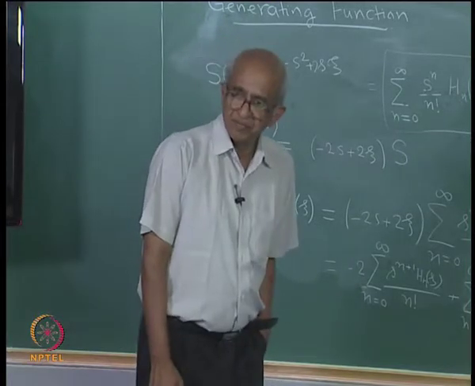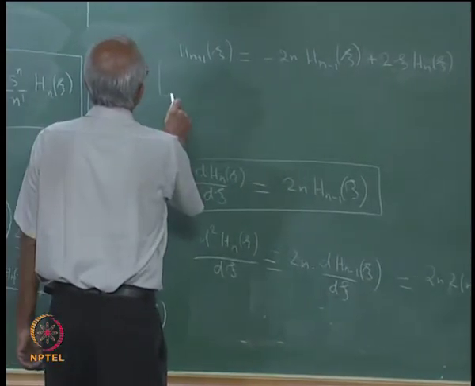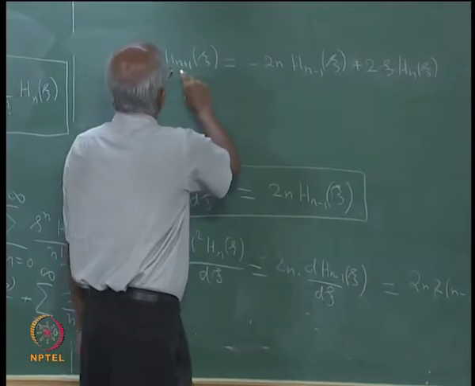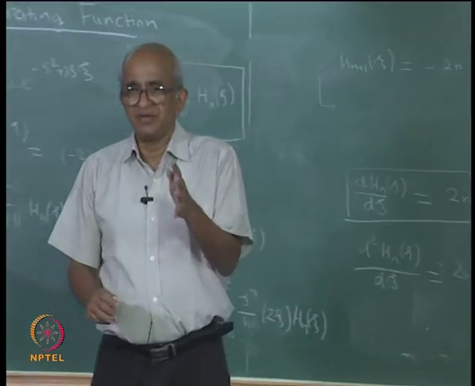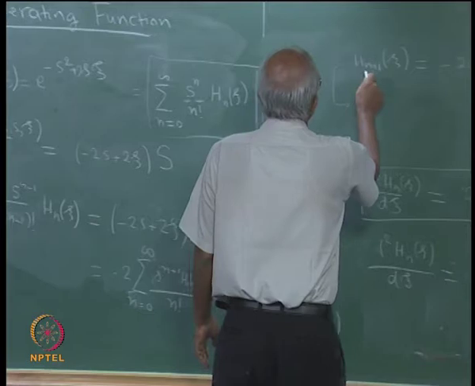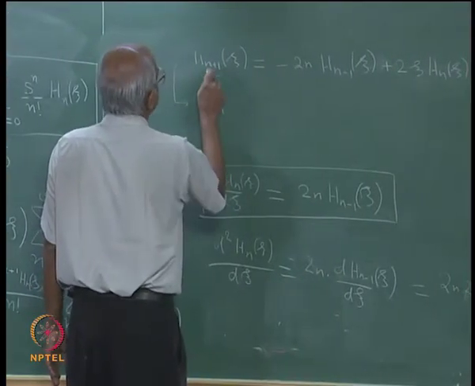Okay. Now, what I will do is I will take this equation, wherever n plus 1 is occurring, I am going to replace it with n, right. So, that means, see, I am going to write this as n, right.